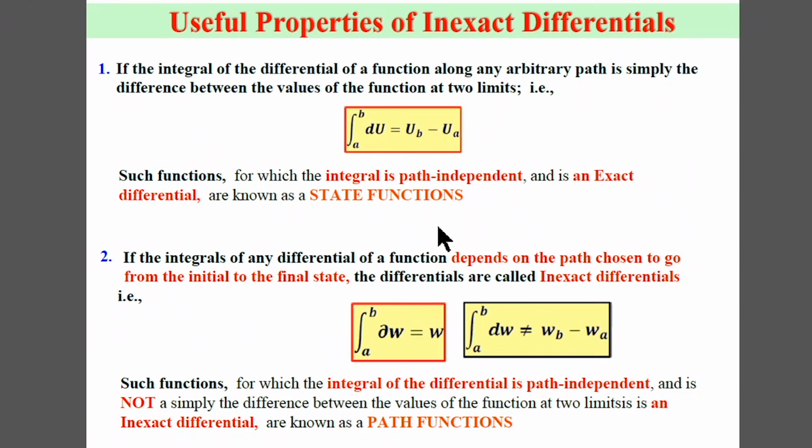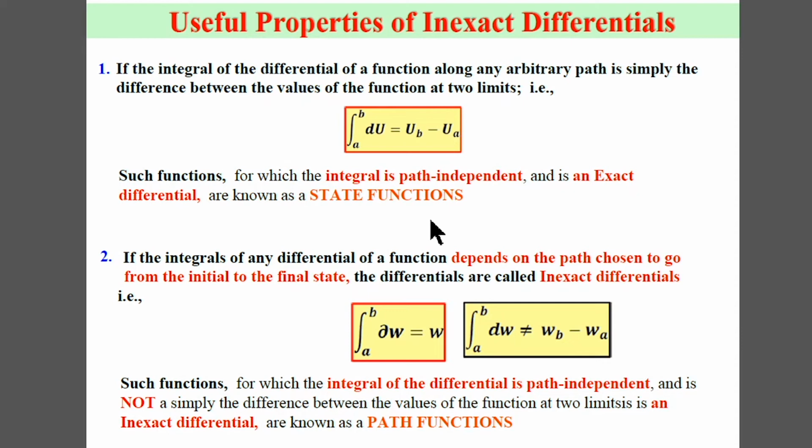Whichever function can be integrated over the change in state from the initial to the final, and gives only the value of the property at final minus the initial, such functions are known as state functions.